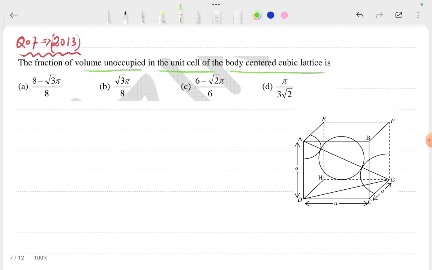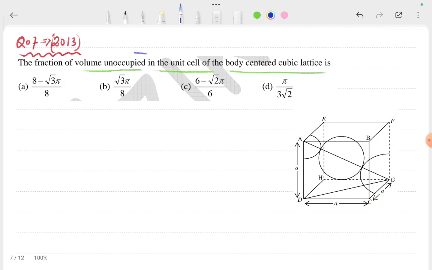So here we can just calculate the formal way, body center cubic lattice, right? The fraction of volume, oh sorry, unoccupied. I just made a mistake here.